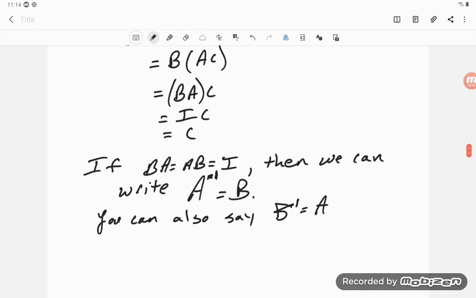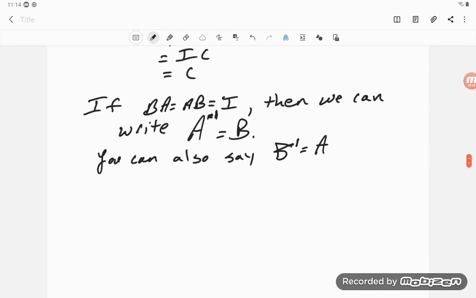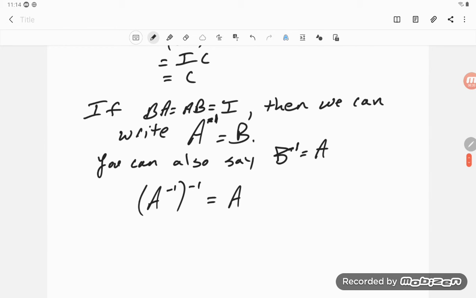So another way to say that is that the inverse of A inverse is A.